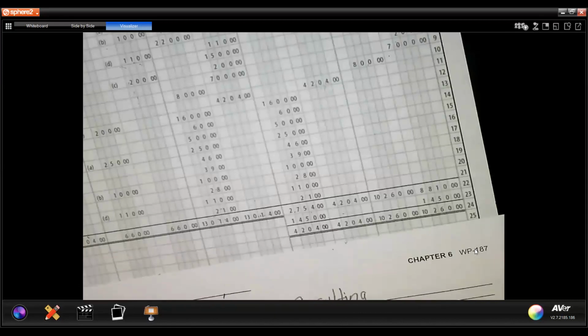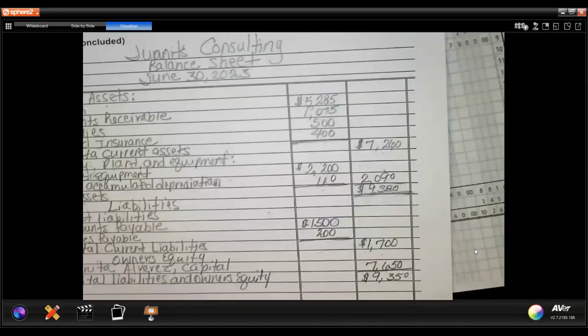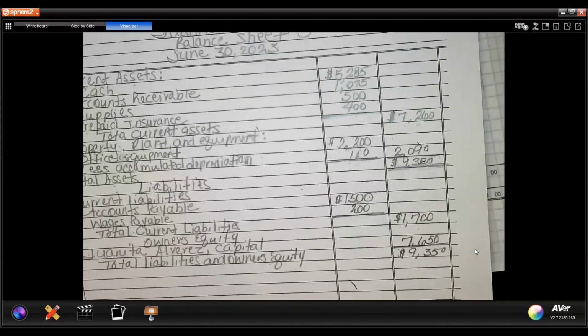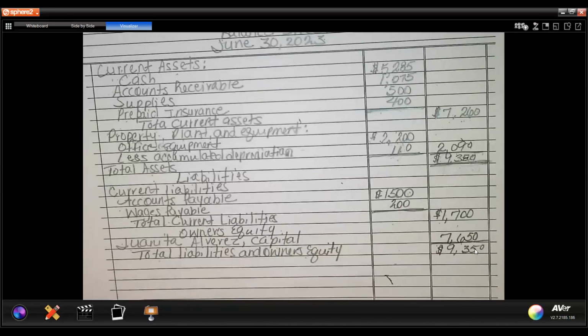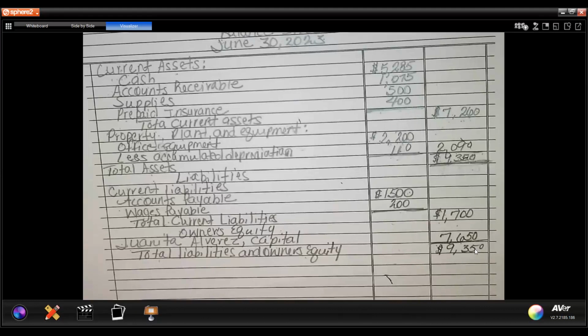Let's take a look at the balance sheet, and we are going to prove that we are in balance on our balance sheet at the end of the period. So our current assets and long-term assets should equal liabilities and owner's equity.